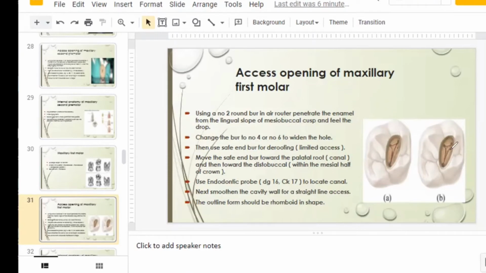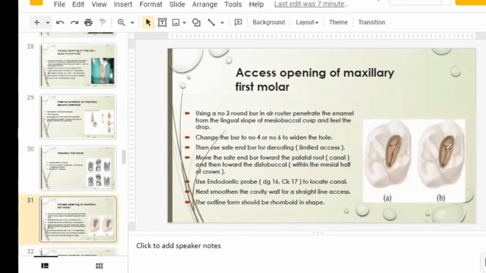If you have an extra canal, it is called MB2 and it is present in the mesiobuccal root. In that root only we will have 2 canals. This is called MB1 and this is called MB2. If MB2 is present, it is not at the floor level, it is 0.5 below the floor level.